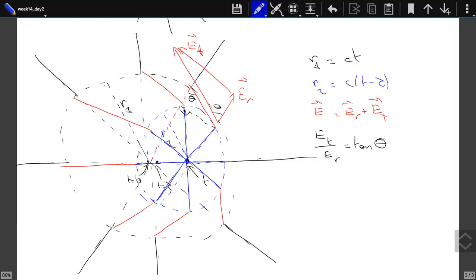There I have a right triangle. I can just imagine moving this all the way to here. I have this other right triangle over here. Now this angle is theta, this angle is theta.